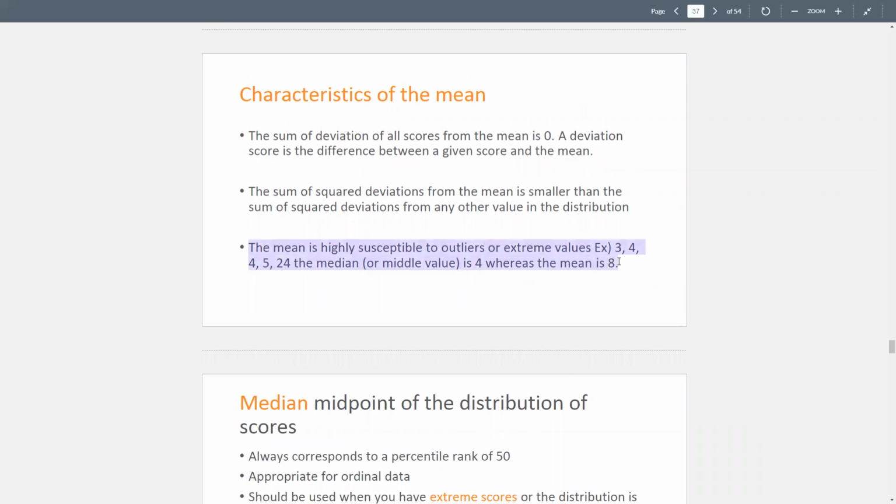This is really important: the mean is highly susceptible to outliers or extreme data points. That's what makes the mean not as good. The mean is a good representation for a distribution that doesn't have very many outliers or a distribution that isn't highly skewed.